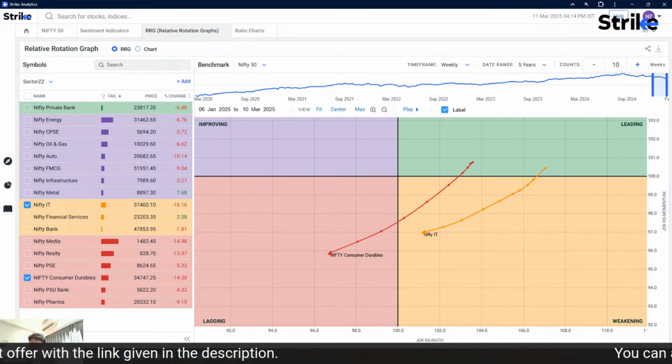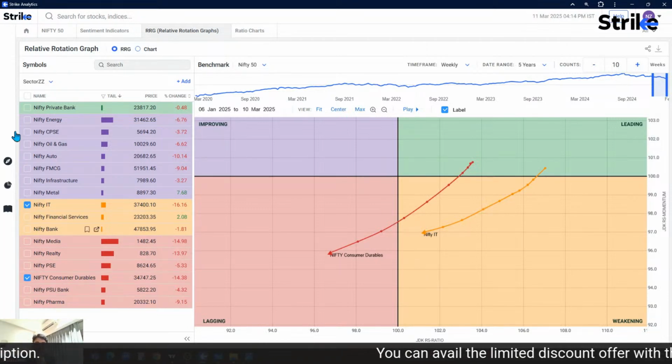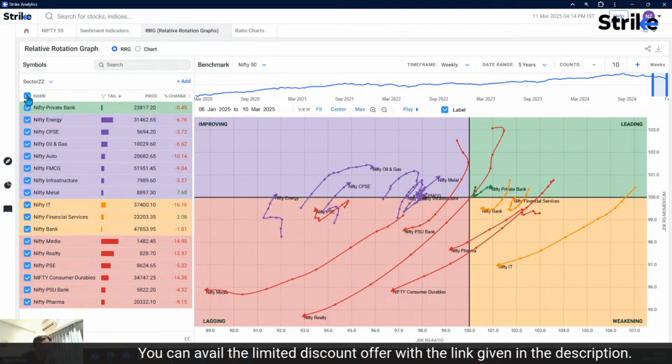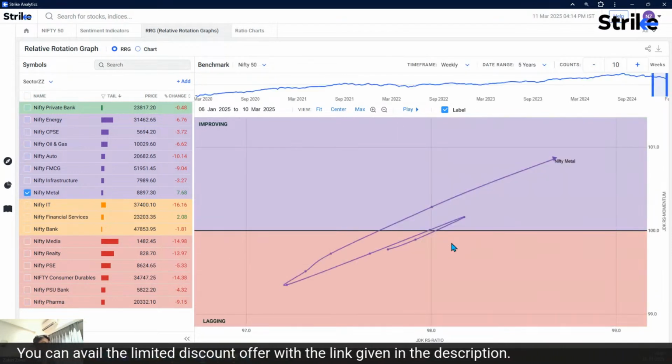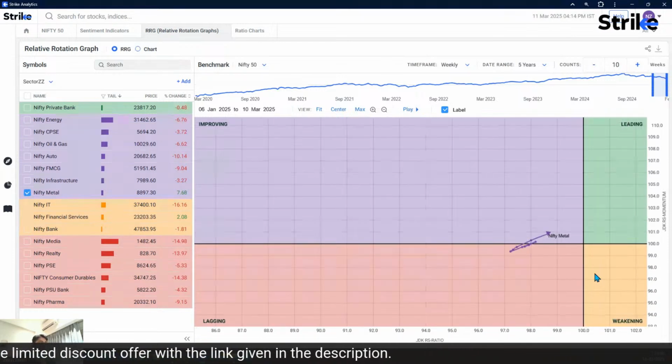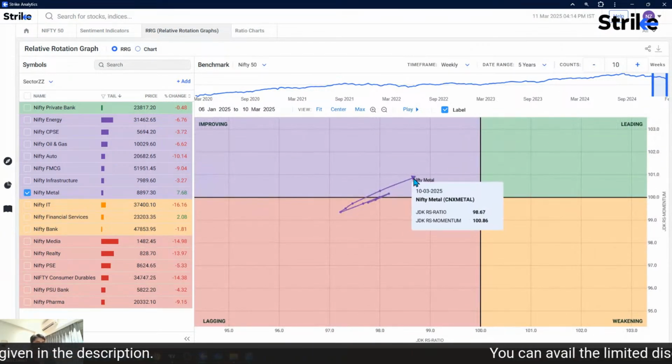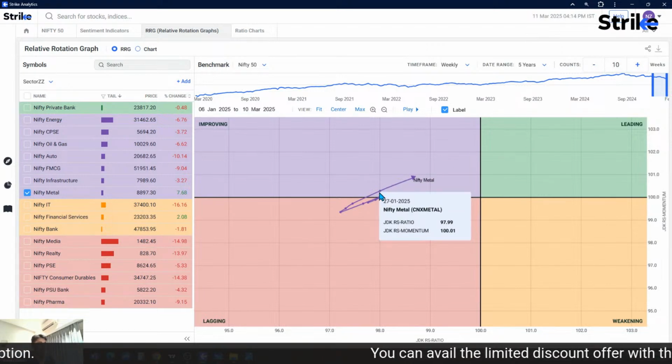Sushil ji is asking, in weekly metal is in an improving quadrant and in daily it is in leading. Okay, let's look at the weekly chart once again, and let's look at metal. So in the weekly, metal is improving quadrant and is headed over here on the right hand side. So it has gained momentum from last week.